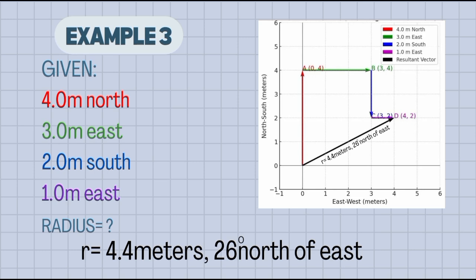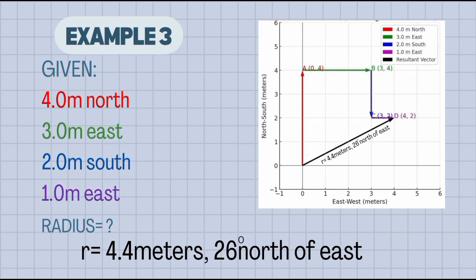In example 3, in this graph, you can see that the 4 meters north is represented as the first to be measured. So the red is 4 meters north, followed by the green arrow, which is the 3 meters east, and followed by 2.0 meters south and 1.0 east in purple.